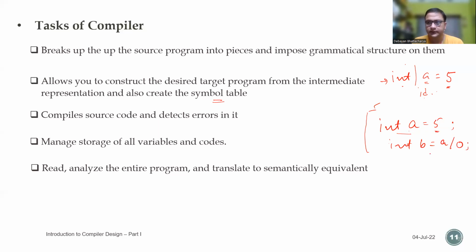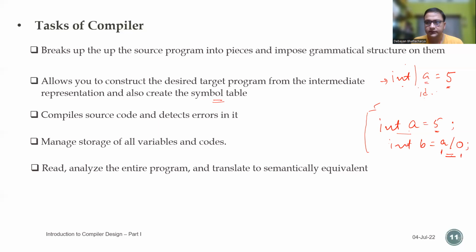We also do it. The division operation is also syntactically correct. Why? Because we all know that division is a binary operator, so it needs two different operands. So we define here two different operands: one is a and one is 0.